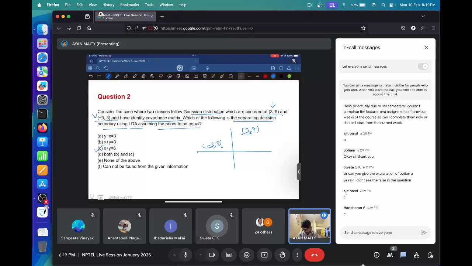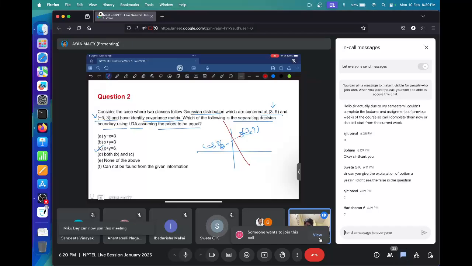Two centroids are given for two different classes, and in case of LDA, if the Gaussian distributions representing two different classes have identity covariance matrices and the prior probabilities are also equal, in that case the separating decision boundary is the perpendicular bisector of the straight line joining the two centroids.